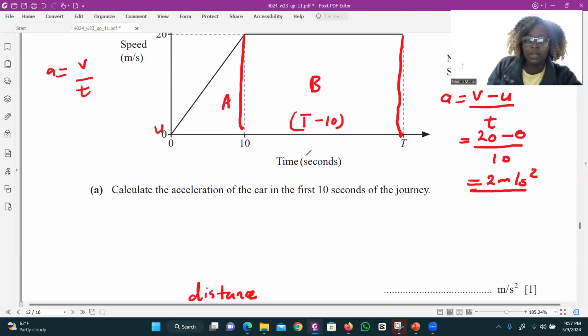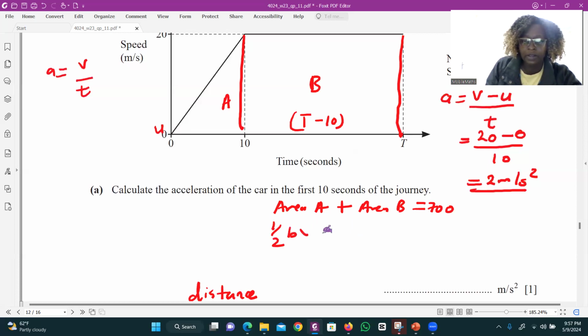Okay, so let's calculate area A plus area B. We are saying it is going to give us 700. Okay, let's solve it. Area A is half base times height, plus for B, it's length times width because it's a rectangle.